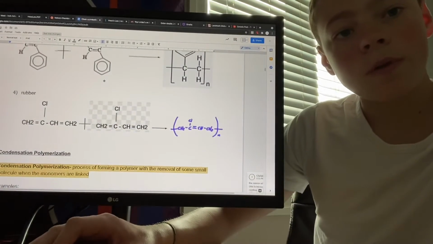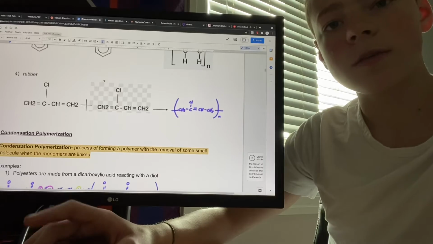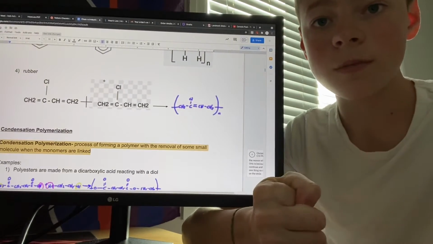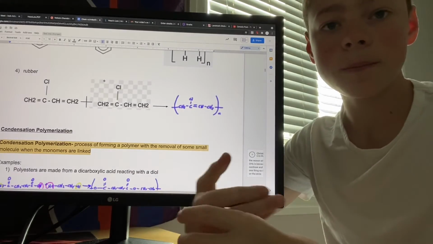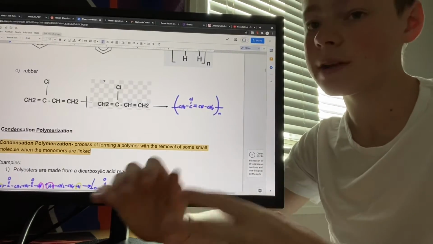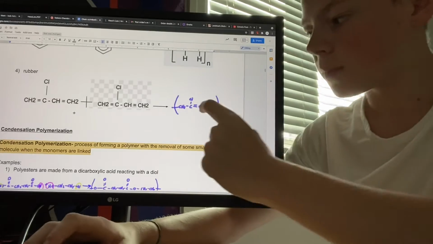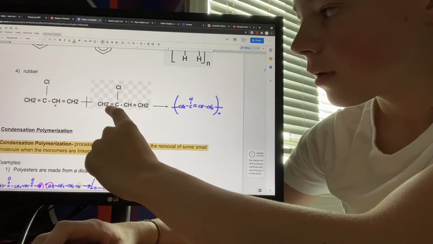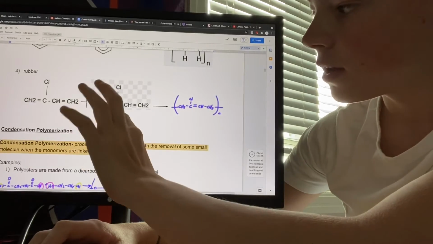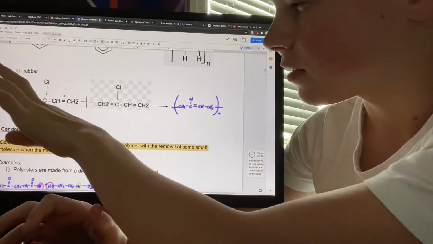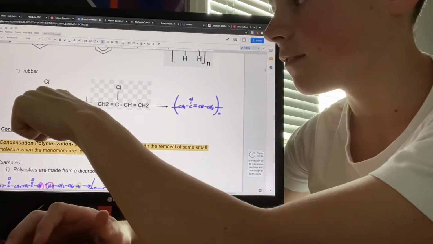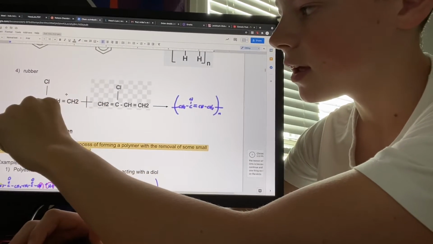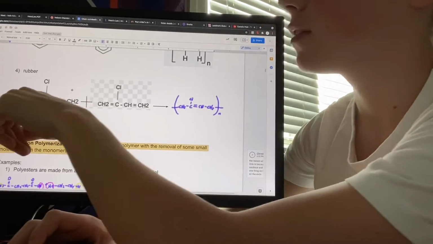So then for rubber, this is another one. This one looks a little bit harder, but really follows the same principle. The only thing that is different about this, and you might think is weird, is you have to drop this double bond here, because when you're adding them together, this has another link over here, so it can't have this double bond because it has two hydrogens on it, and it's connected to another CH2.